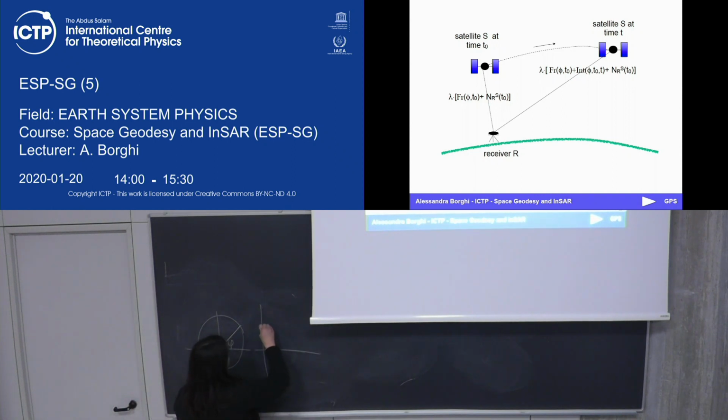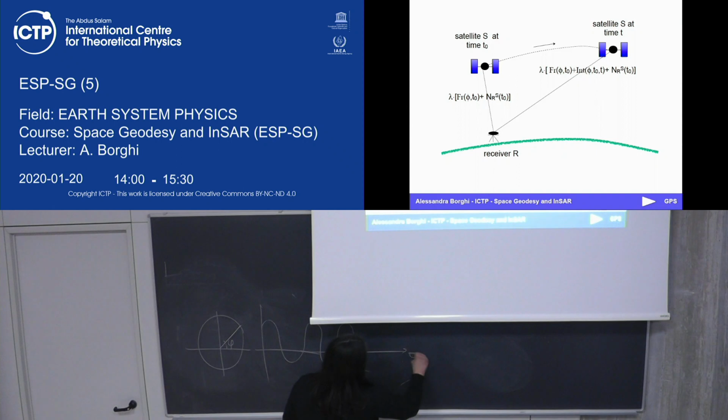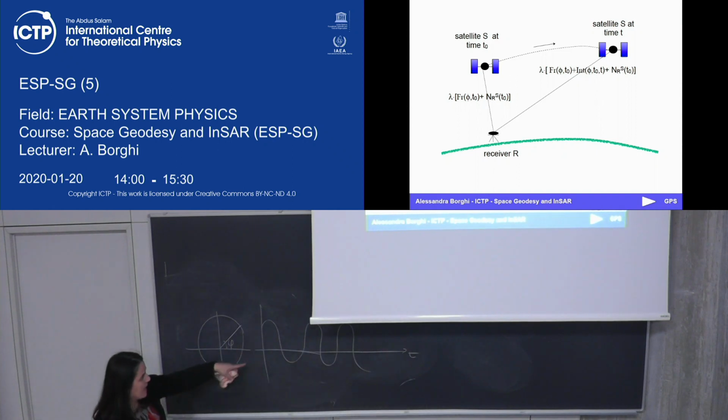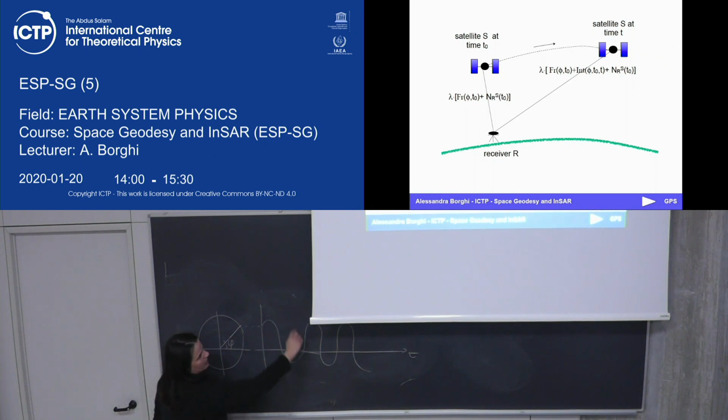It can also be represented in this type of representation. So when we speak about phase, we are speaking about this angle, that means these values in the periodic signal. There is a correspondence. So when we finish all this run, we are here.